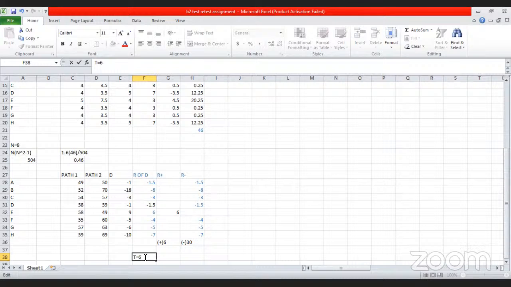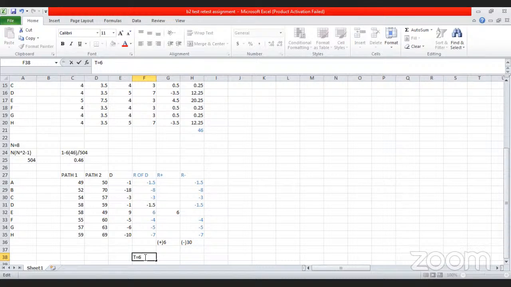Okay. That is our null hypothesis, that there should be no significant difference between the test and the retest. And the alternative hypothesis is that there should be a difference between the test and the retest. Okay. Clear?